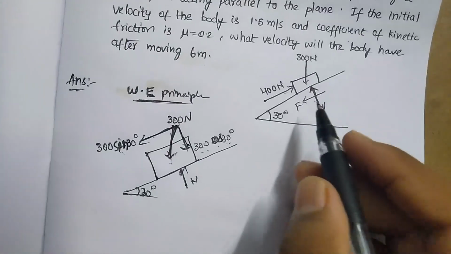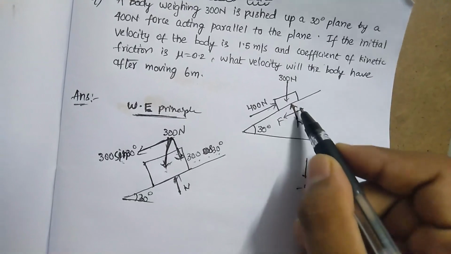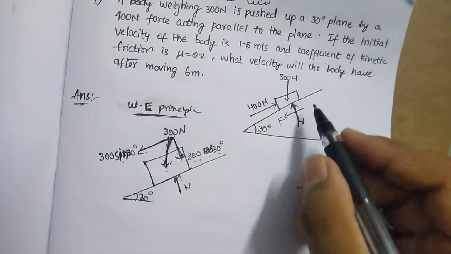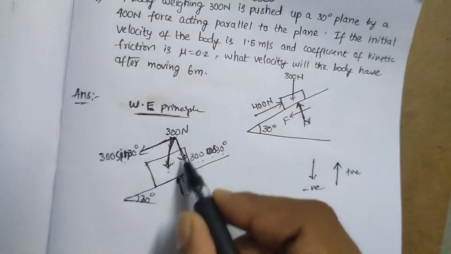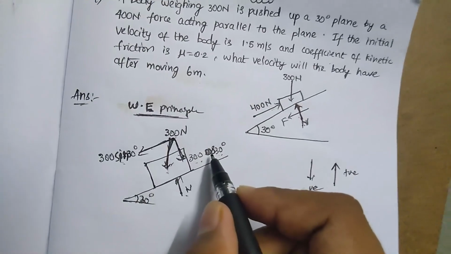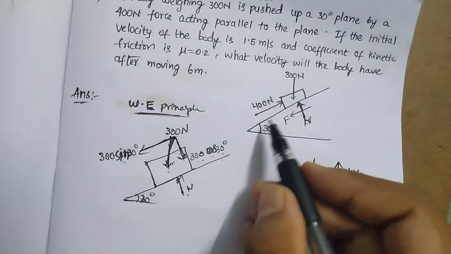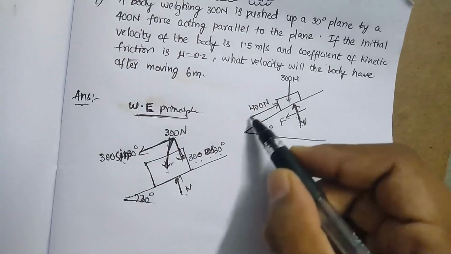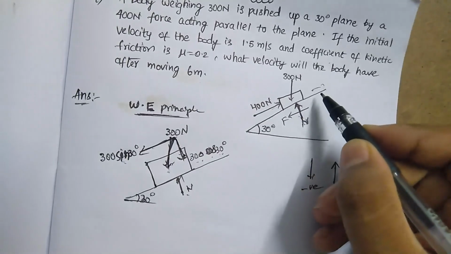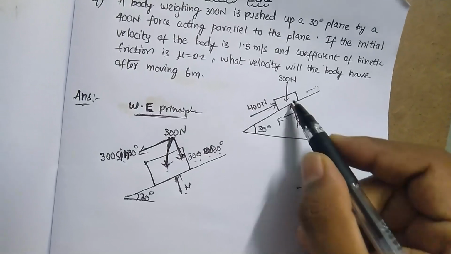Now the forces acting in vertical direction are N and 300 cos 30 degrees. Here the body is moving in the horizontal direction with respect to the plane, but not moving in the vertical direction.